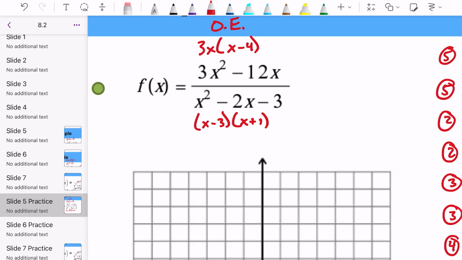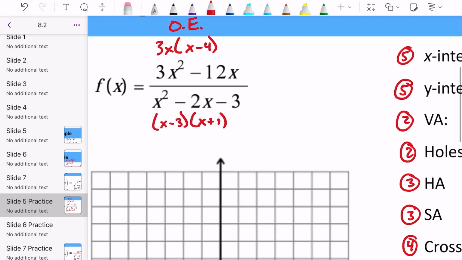In this case, there is nothing that will be able to break down, which means this will just simplify to 3x times x minus 4 over x minus 3, x plus 1.